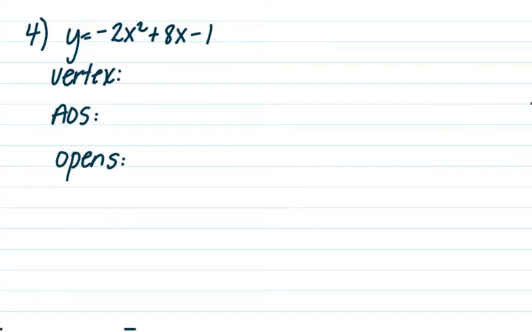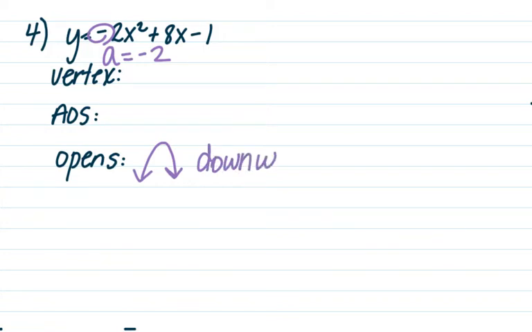All right, and our last one, y is equal to negative 2x squared plus 8x minus 1. So our A is a negative 2. We know because it's negative, it's going to point downward. So again, it doesn't matter if you write down, downward, or just draw a parabola pointing down.